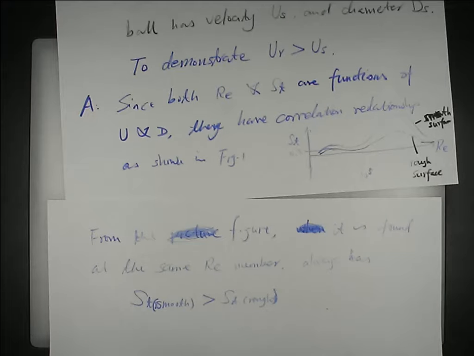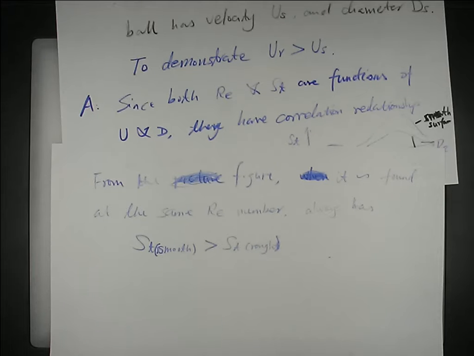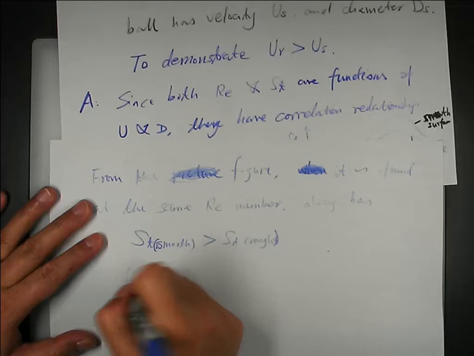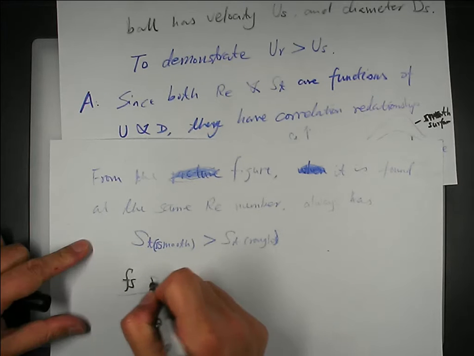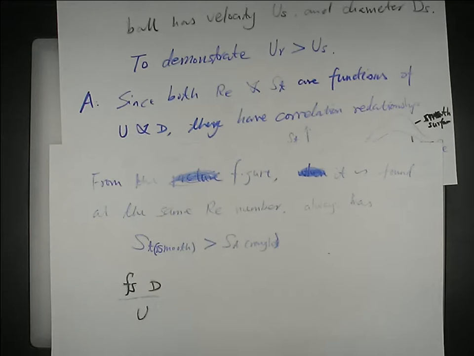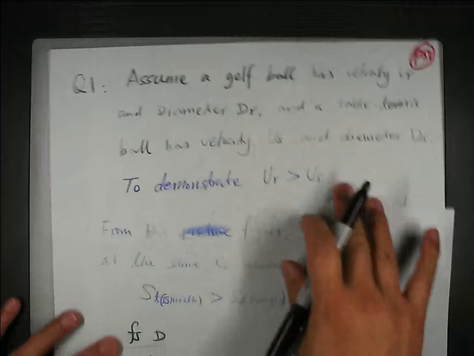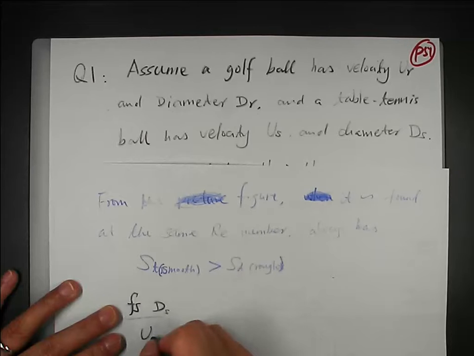Then what is the Strouhal number? It is fs D over U. But for smooth, in the question we use US DS to represent this.